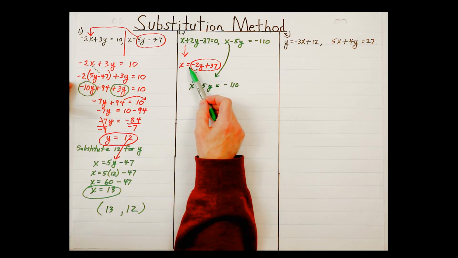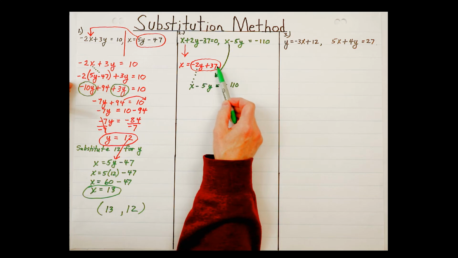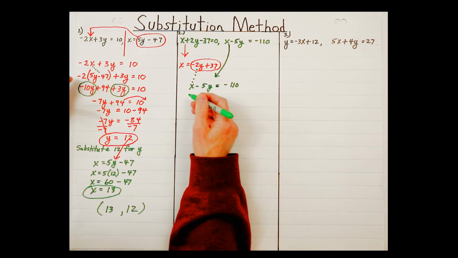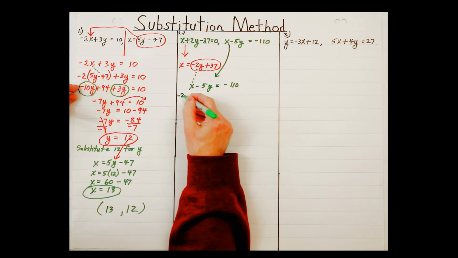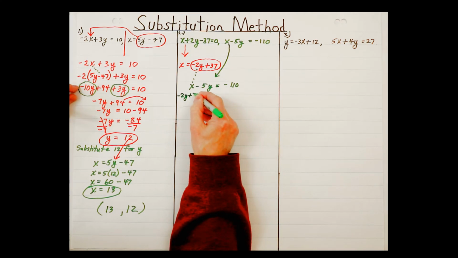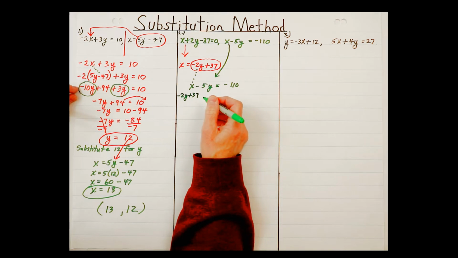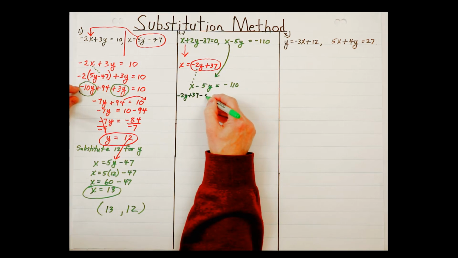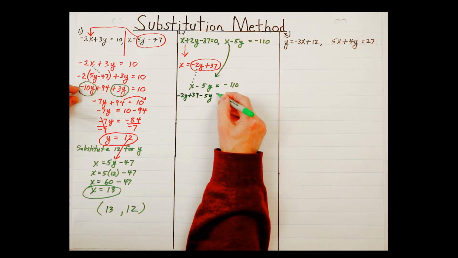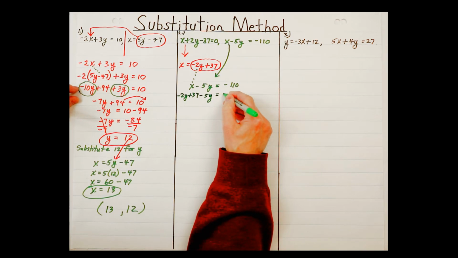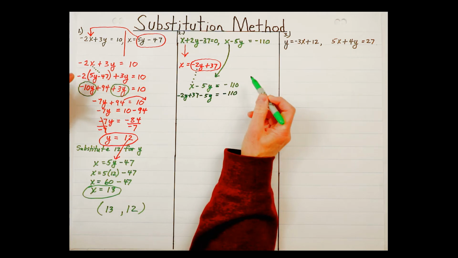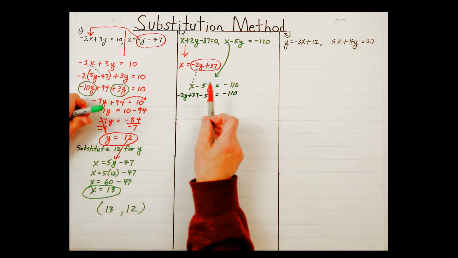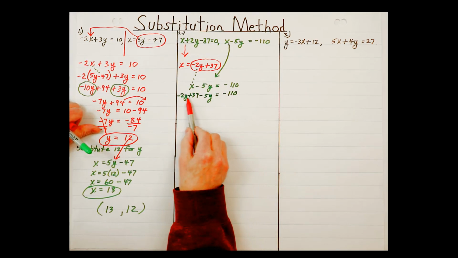It says x equals negative 2y plus 37, so we are going to replace x with negative 2y plus 37. And I'm going to bring down the minus sign, bring down the 5y, bring down the equal sign, bring down the negative 110. What is the only thing that changes between this line and this line?